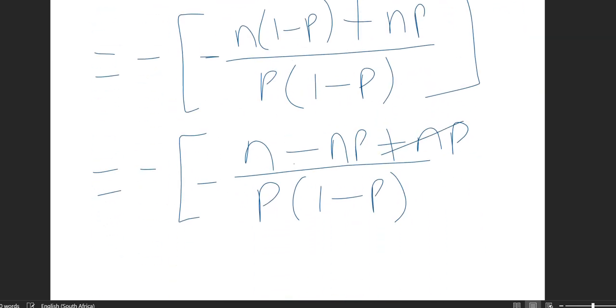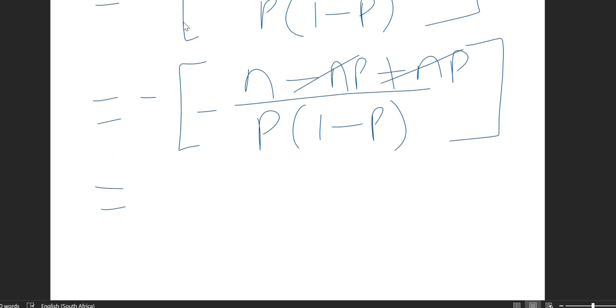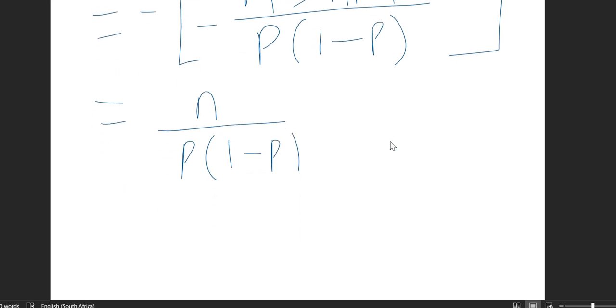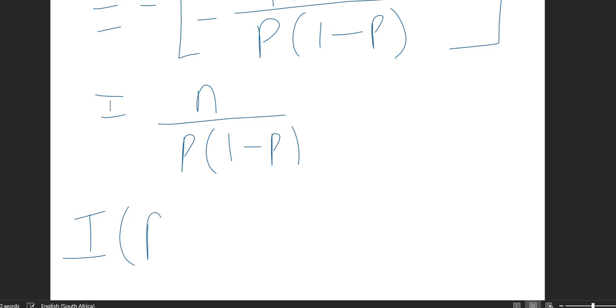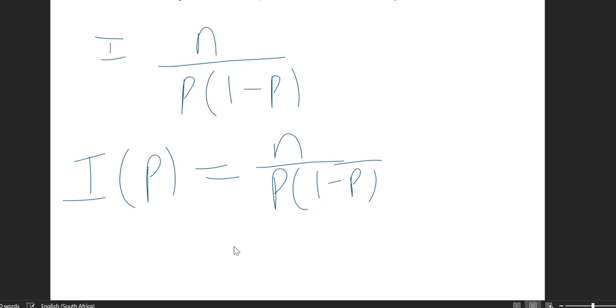Now this is gonna cancel out with this. Negative and negative are gonna cancel out each other. Now we'll have n divided by p into 1 minus p. This is our I. And we are going to multiply this with n.